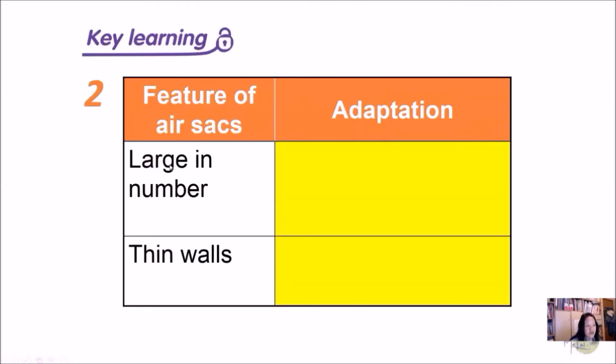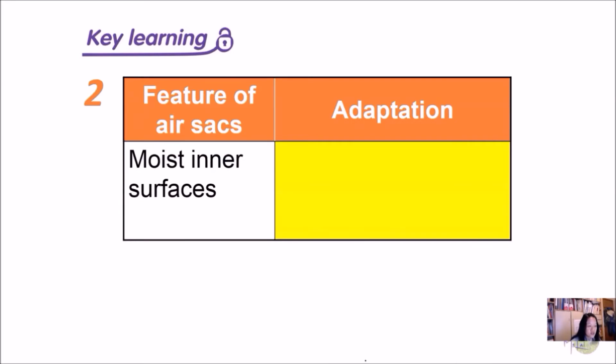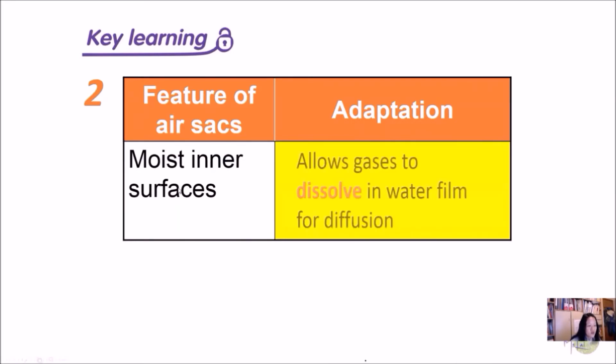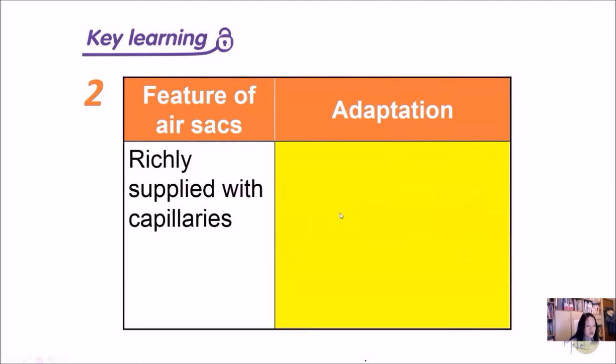Adaptive features of the air sac, first of all, we have a large number of air sacs which provide a large surface area. The other one is the wall. The wall is thin. That means it is made up of 1 layer of cells. The air sac is made up of 1 layer of cells, so it can reduce the diffusion distance. Inner layer is moist. It allows the gas to dissolve in water before it diffuses.